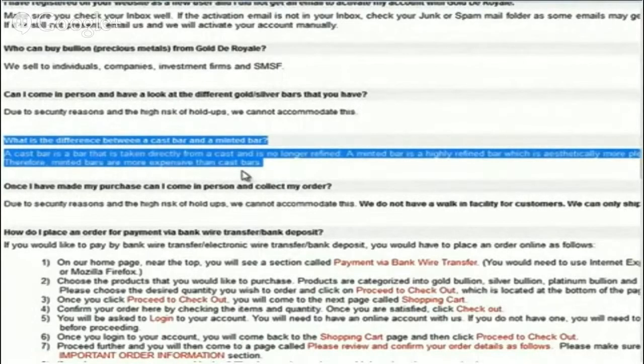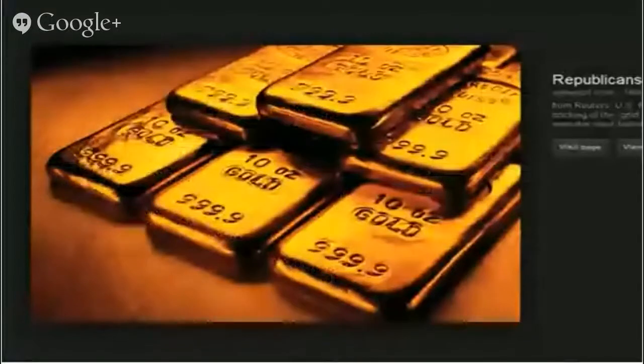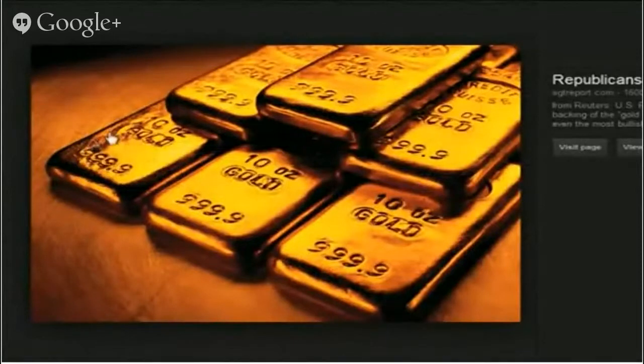So if you have a 1 ounce gold coin, obviously it would cost more than just the basic raw ingot. Let me just show you. Have a look at these. These are 10 ounce ingots, and you can see how rough they are on the edges. They've just been poured. They've just been cast and stamped with a 999.9 and the 10 ounce gold.